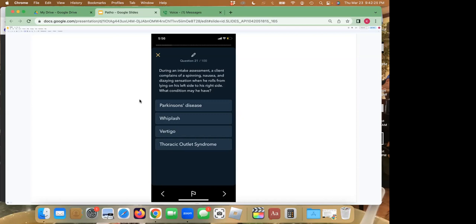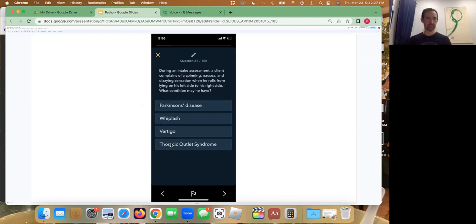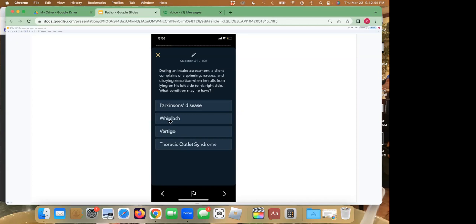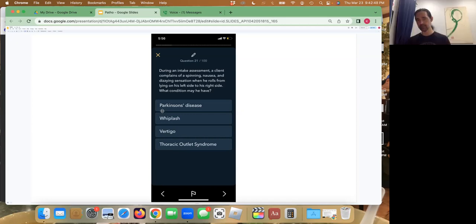Thoracic outlet syndrome often manifests as pain, weakness, numbness, tingling in the arm and hands. It doesn't usually give a dizzying sensation when they roll from one side to another. Whiplash? Oh, no. I'm not sure. Okay. You think it could be Parkinson's or vertigo?